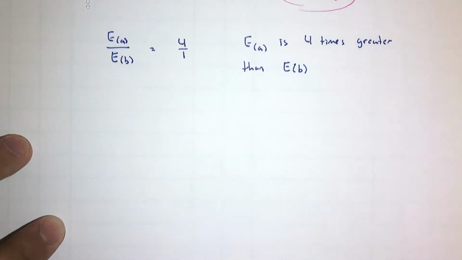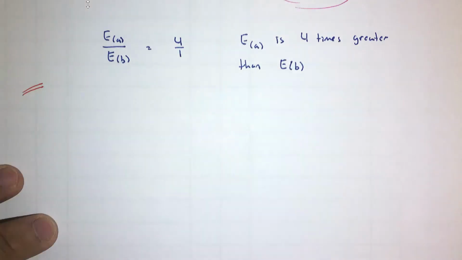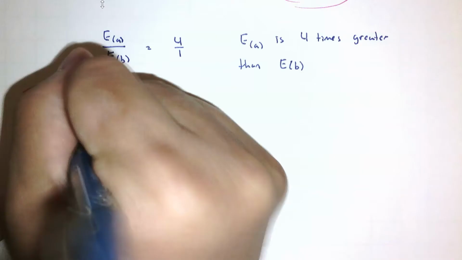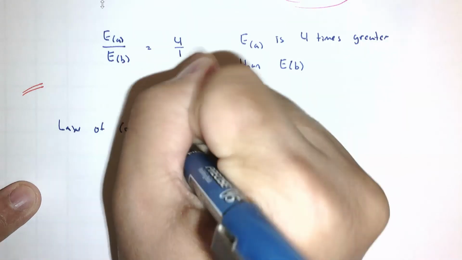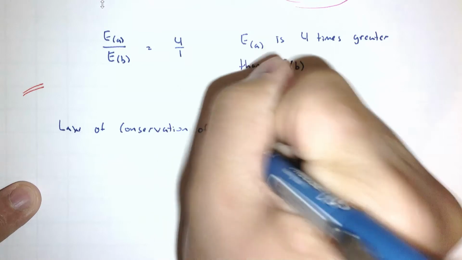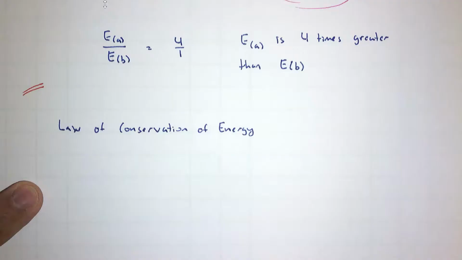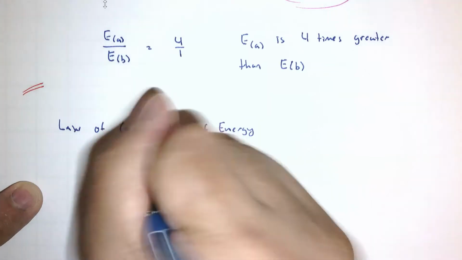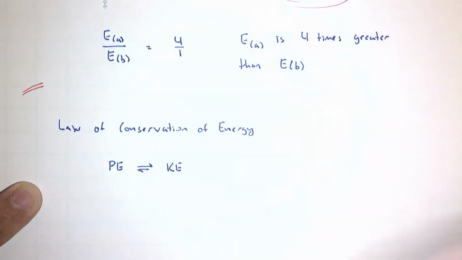Again, in future units, we're going to look a little bit closer into some of these other energies like chemical, especially chemical potential energy. Last thing, I would be remiss if I didn't at least put down the law of conservation of energy. And what that means is that energy can neither be created nor destroyed. Also, it means that PE can be changed into KE and vice versa. They're interchangeable.